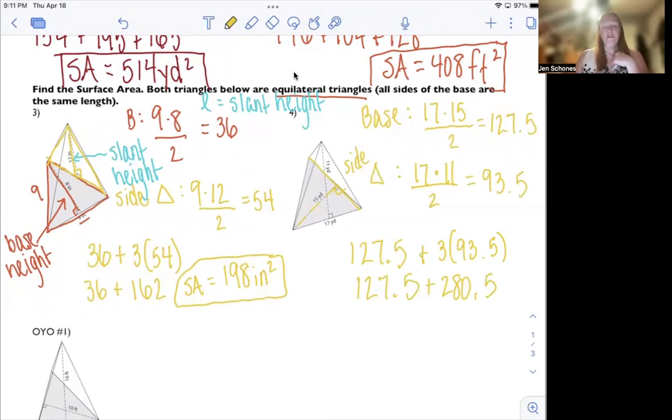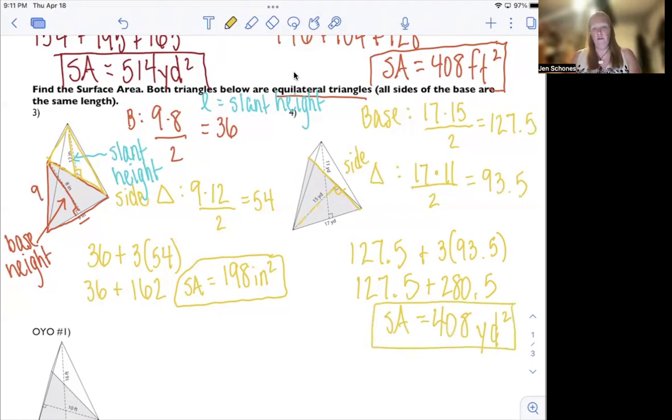You can do those at the same time. Your calculators aren't that awesome, like mine. There's my awesome calculator. So I would do the second one first and then add it. But anyway, when you do that, you get a surface area of 408 yards squared. Okay, we found the area of the base, we found the area of the sides, we added them up.